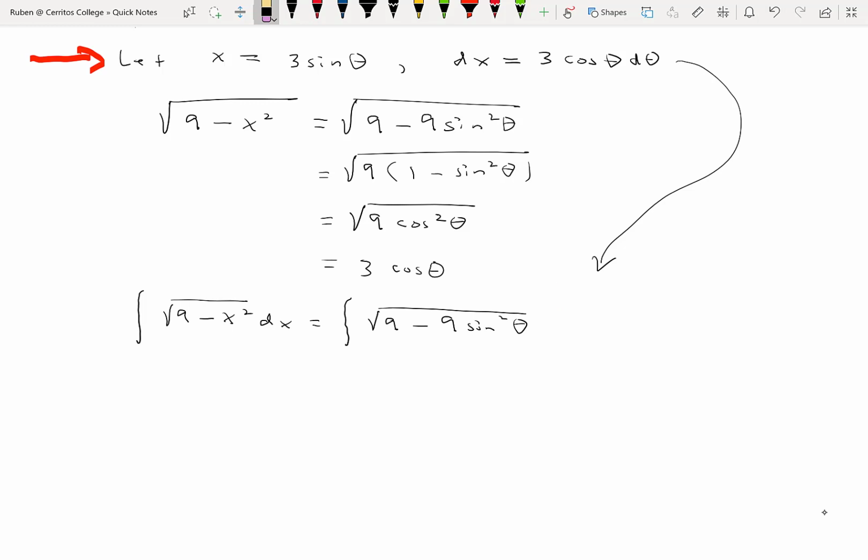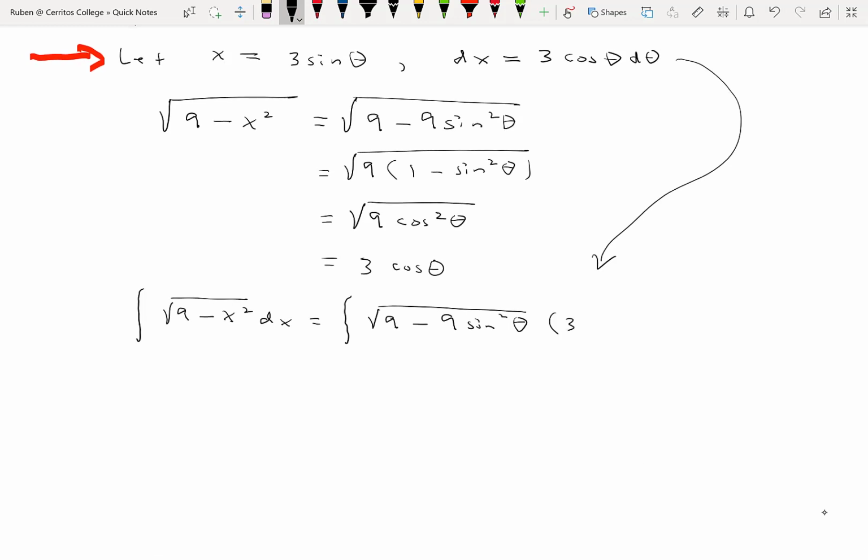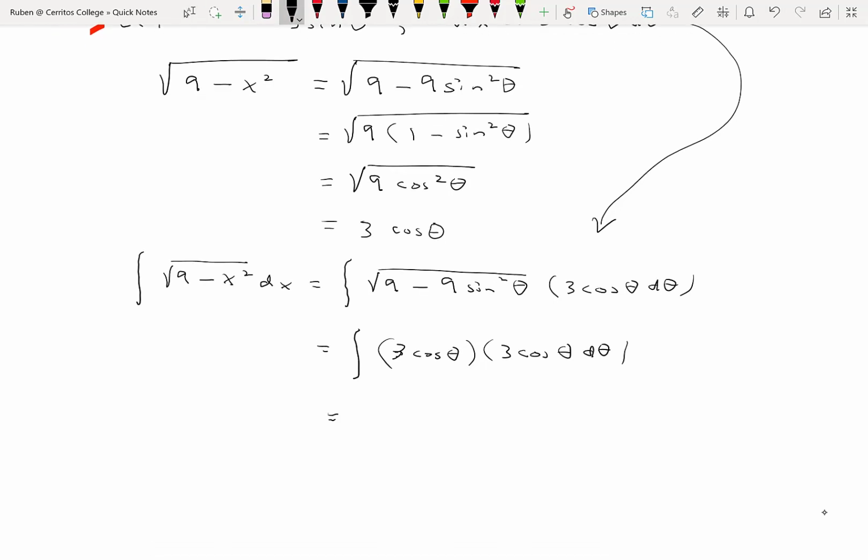So I'm going to put dx is 3 cosine theta d theta, and then I go forward. All the algebra I did says that radical turns out to be 3 cosine theta times the 3 cosine theta d theta from the differential, which means I'm looking at 9 times the integral of cosine squared theta.